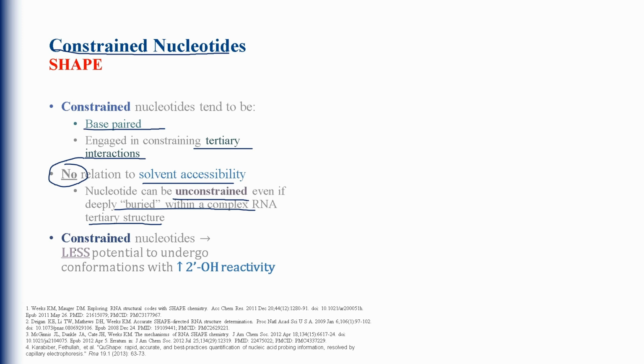And constrained nucleotides have less potential to undergo conformations with increased 2'-hydroxyl reactivity. So it is the flexible nucleotides that have the potential to undergo certain conformations with increased 2'-hydroxyl reactivities or nucleophilicity, and we can use that information to deduce the secondary RNA structure.